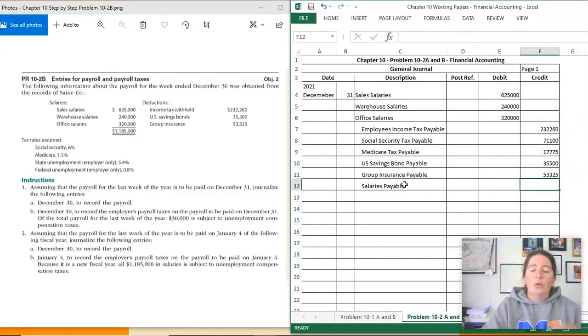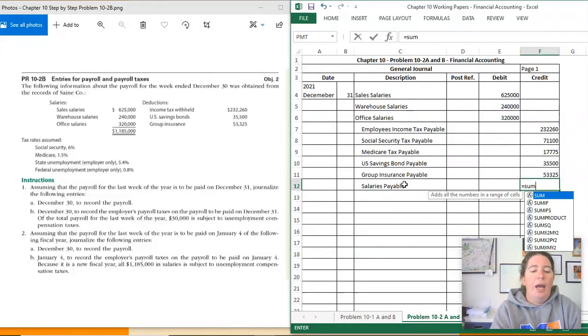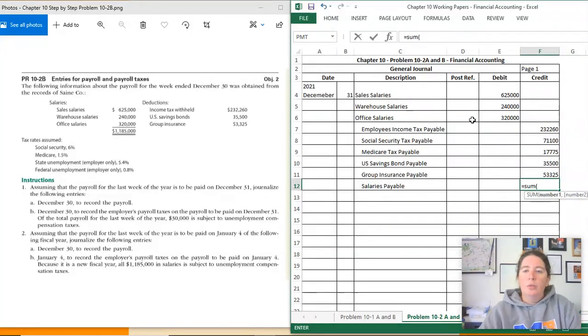I'm going to use Excel to do this. You can do it on a calculator and then just type in the number. It's completely up to you. What I'm going to do is add the numbers of all of my salaries, and then subtract all of my payables.